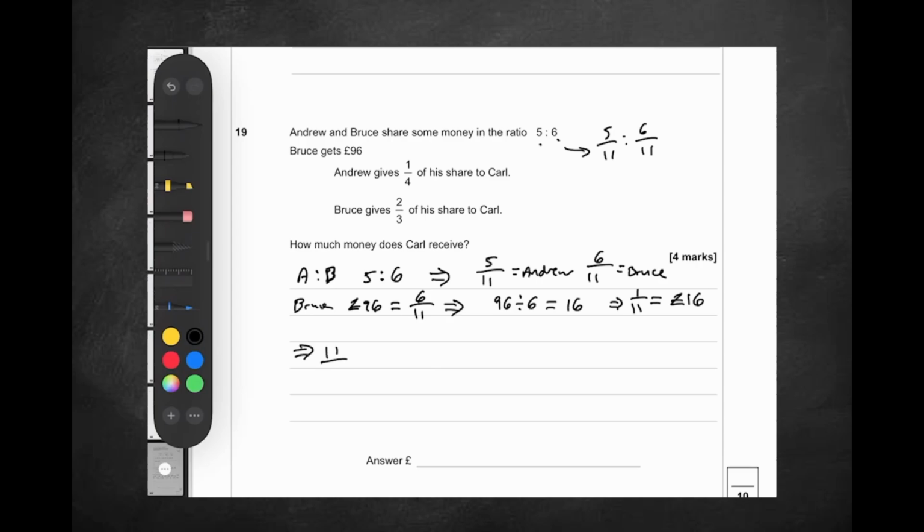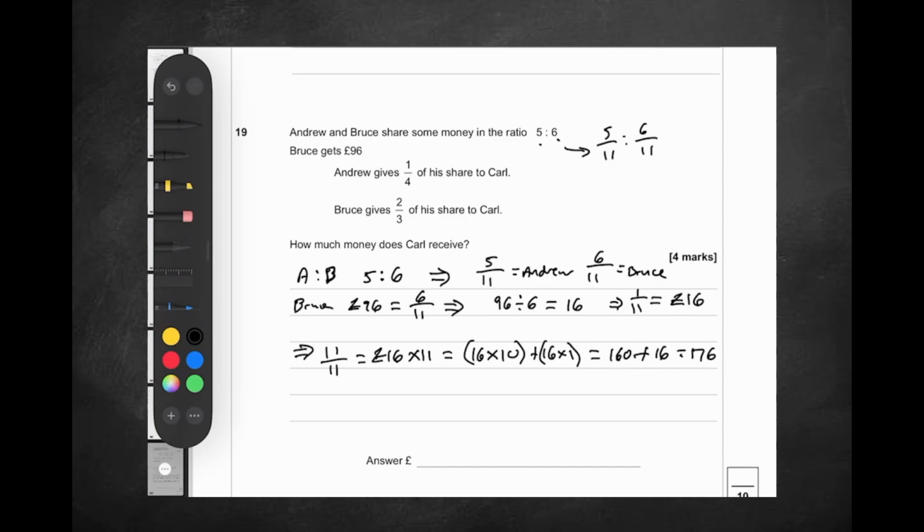Therefore, 11 out of 11, the whole lot, equals £16 times 11, which is the same as saying 16 times 10 plus 16 times 1, which is going to be 160 plus 16, which is 176. So that's the total amount.